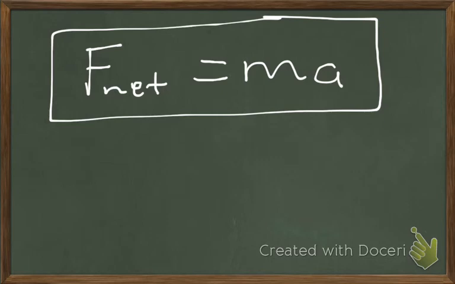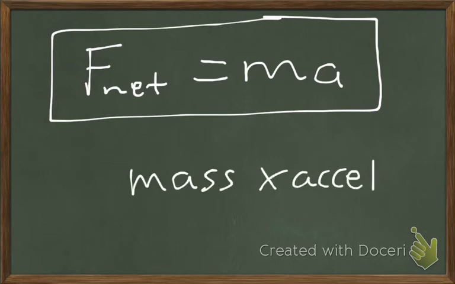So the net force is equal to mass times acceleration. Eventually we'll be doing a couple of activities in class where you can actually verify this with a lab, or verify it experimentally to show those 3 variables are related all in that way.